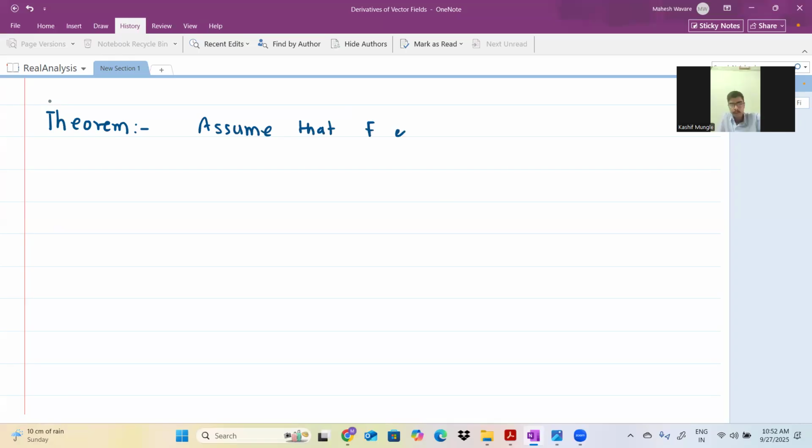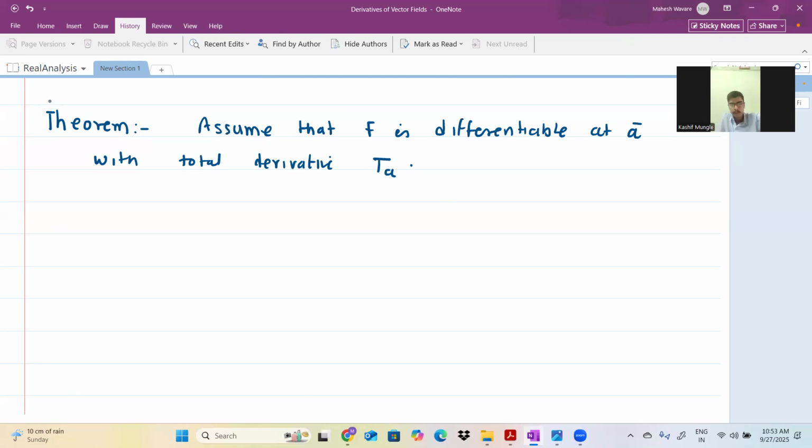Assume that F is differentiable at vector A with the total derivative TA, the notation of the total derivative. While writing the suffix, you don't put a bar there. So that TA is called the total derivative, that linear transformation.